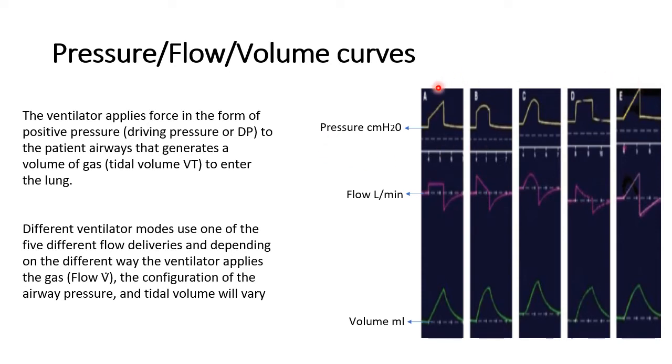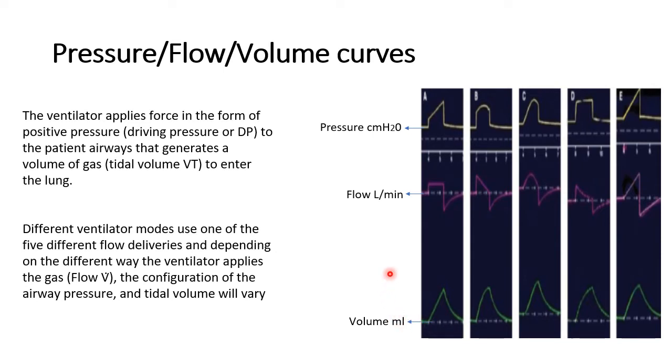In this upper panel is the airway pressure in centimeters water on the y-axis and time on the x-axis. The purple curve here is the flow versus time, and on the bottom the green is the tidal volume versus time.